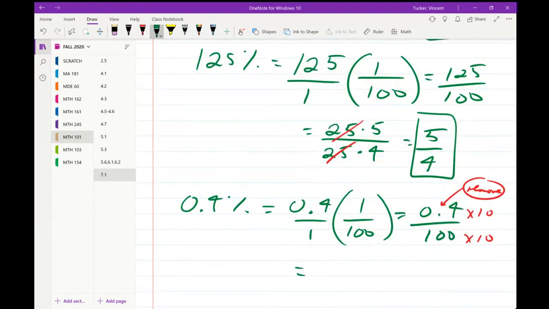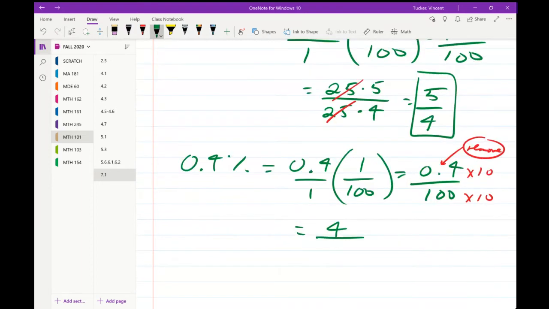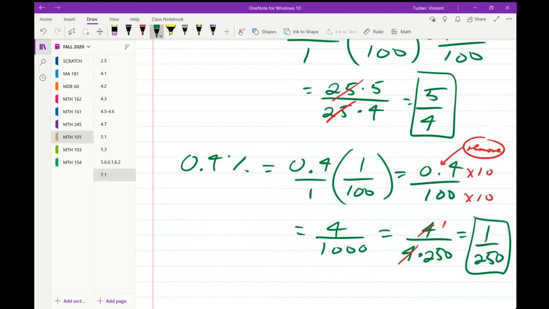So 0.4 times 10 is 4. 100 times 10 is 1,000. And then we can reduce. 1,000 is 4 times 250. 4's cancel. That'll leave 1 over 250.